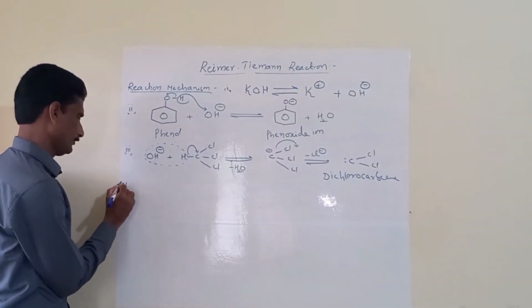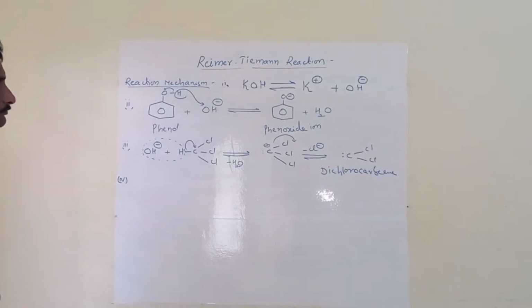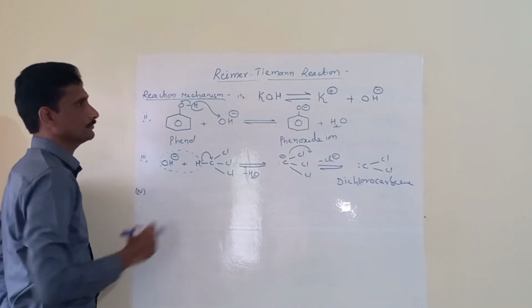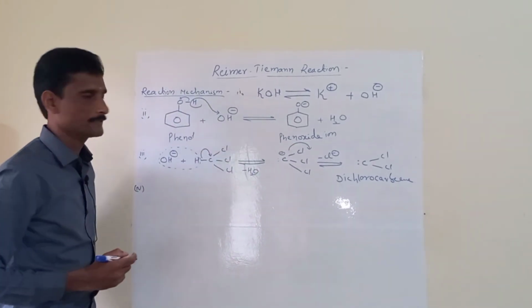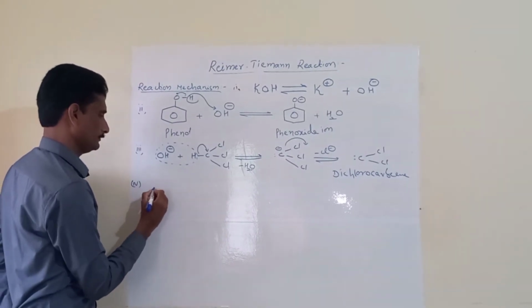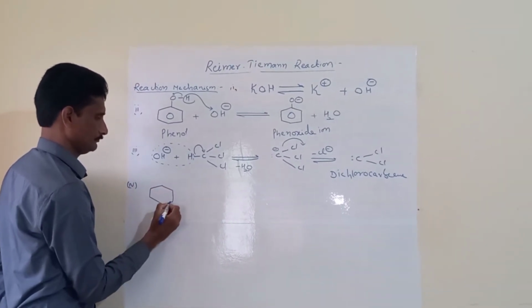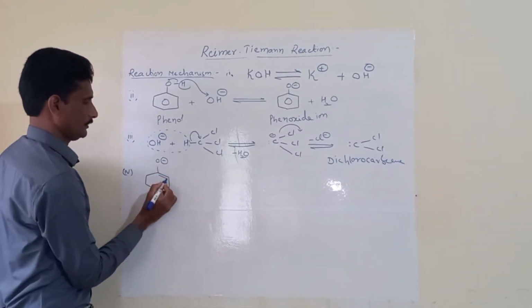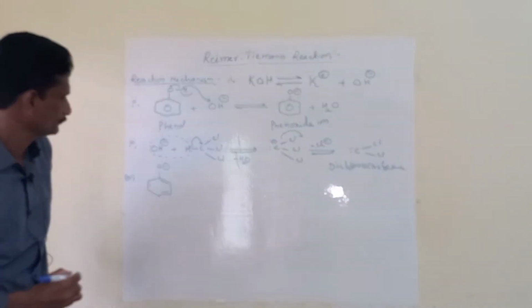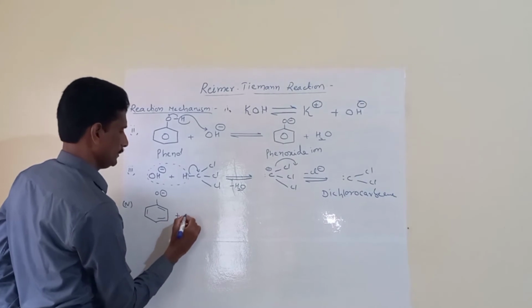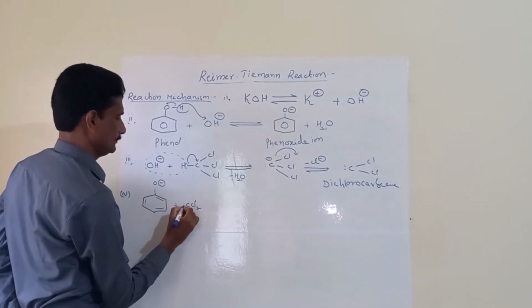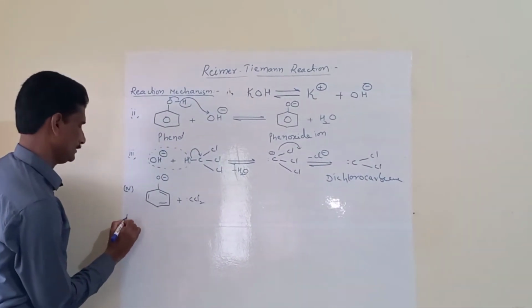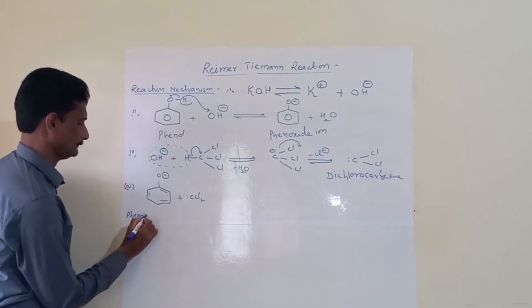Next, step 4. In the fourth step, phenoxide ion reacts with dichlorocarbene. O minus, pi bond, plus CCl2. Dichlorocarbene acts as an electrophile. This is the phenoxide ion.